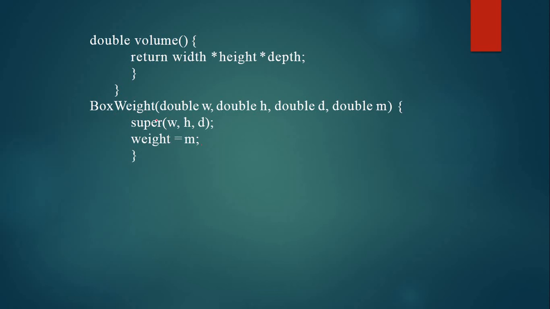After it we have our second class, BoxWeight. In BoxWeight our four variables are there: w, h, d and m. In that we have our superclass constructor, in which we are passing w, h and d and also m.